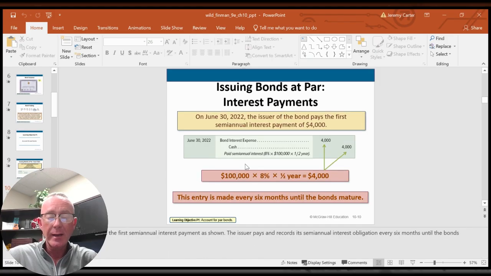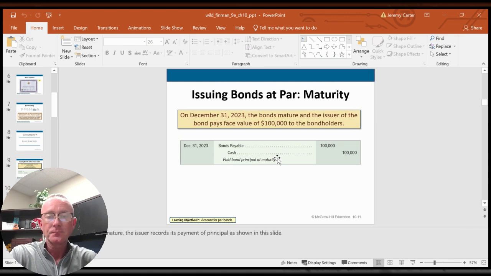They are semi-annual interest payments, so if it's an annual interest amount of 8%, we'll give them 4% at each of those semi-annual payments. And when we retire the bonds, we'll give them all of their money back. Face value is not a problem.